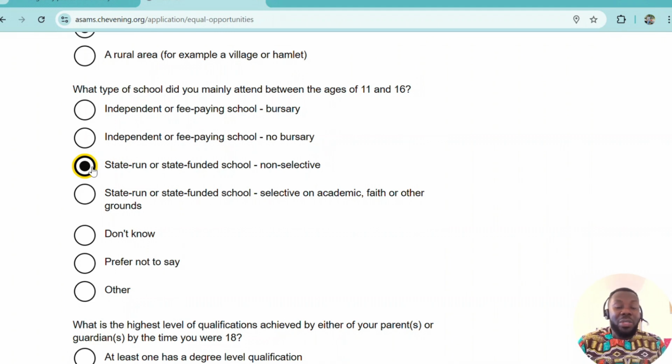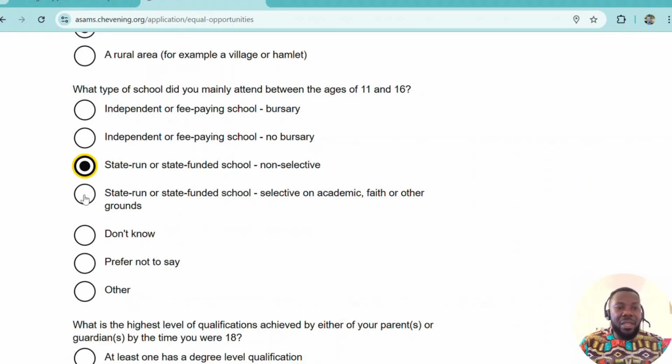So that is non-selective. But here, independent or fee paying school with bursary, so maybe this might be more or less related to private schools that you pay. Independent or fee paying school, no bursary. So here they don't offer any assistance. And then state run or state funded, selective on academic, faith, or other grounds.